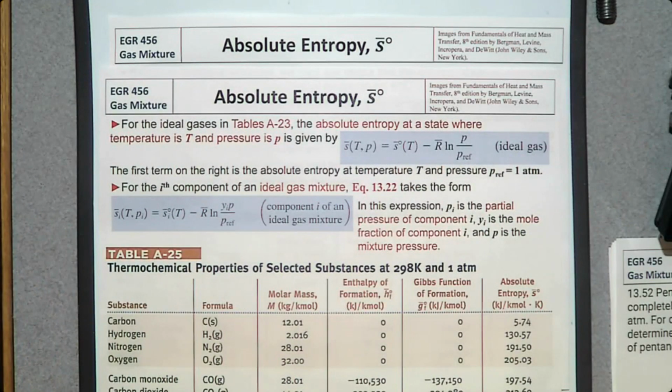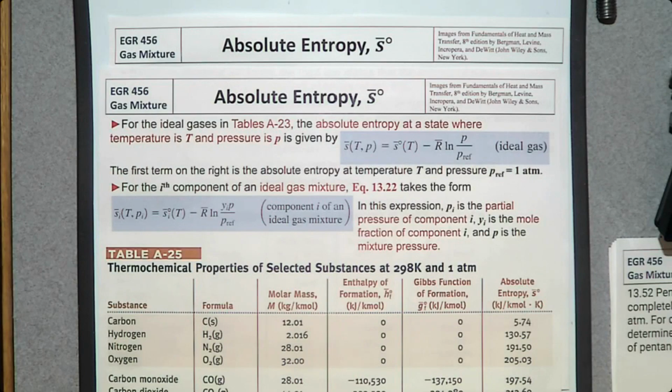So if you have an ideal gas, the specific entropy on a molar basis, which is S bar, can be calculated by this equation if you have a single material. However, if you have a mixture of multiple gases, if you want to determine the specific entropy of one component, that component can be found by this equation, the absolute entropy of that component at a given temperature.